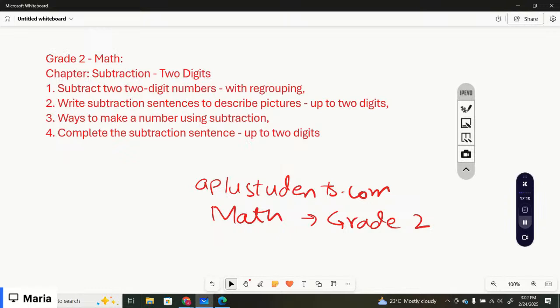The lessons we're going to cover today are subtract two-digit numbers with regrouping, write subtraction sentences to describe pictures up to 2 digits, ways to make a number using subtraction, complete the subtraction sentence up to 2 digits.